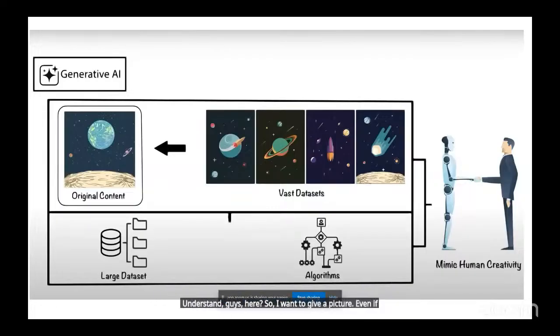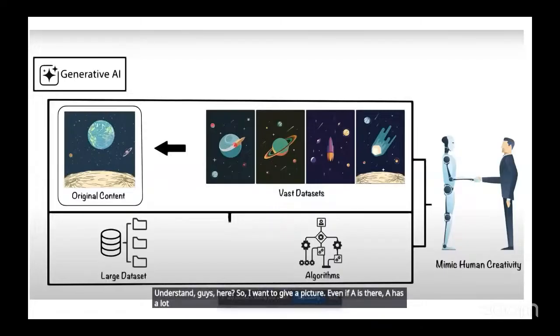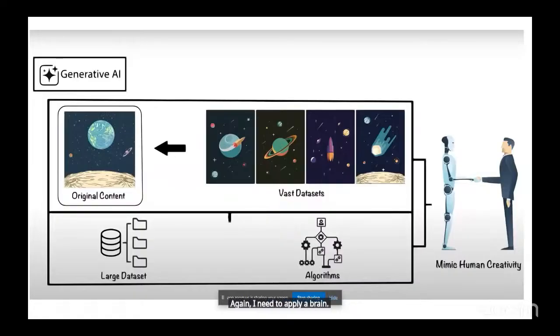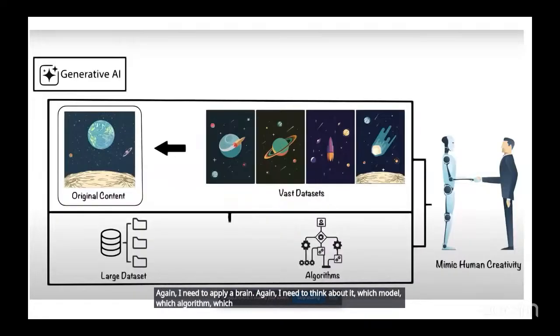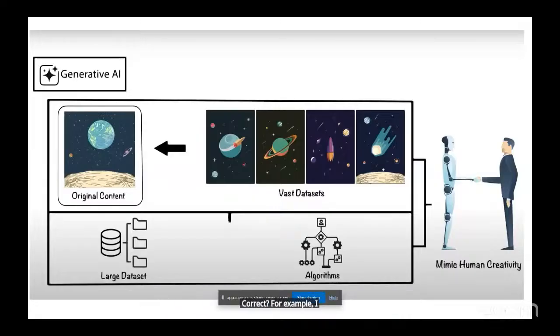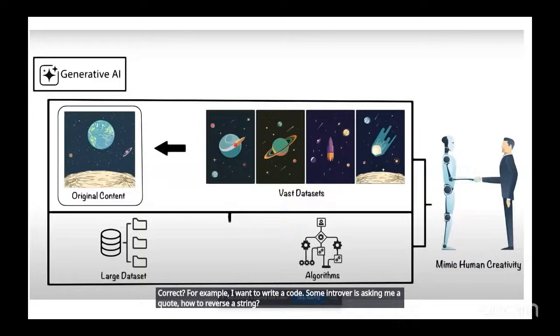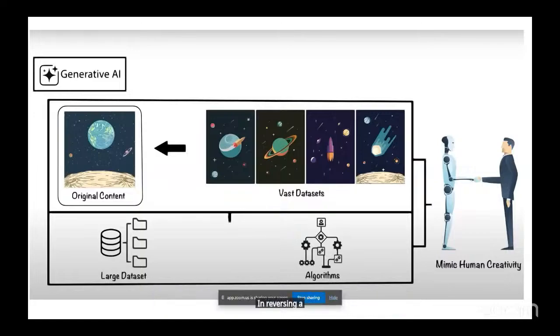I want to give a picture. Even if AI is there, AI has a lot of options. Again, I need to apply my brain and think about which model, which algorithm, which solution I need to take. For example, some interviewer asks me a code: how to reverse a string. In reversing a string, I have a lot of ways to do that. For example, I need to write a Java program which reverses a particular string.